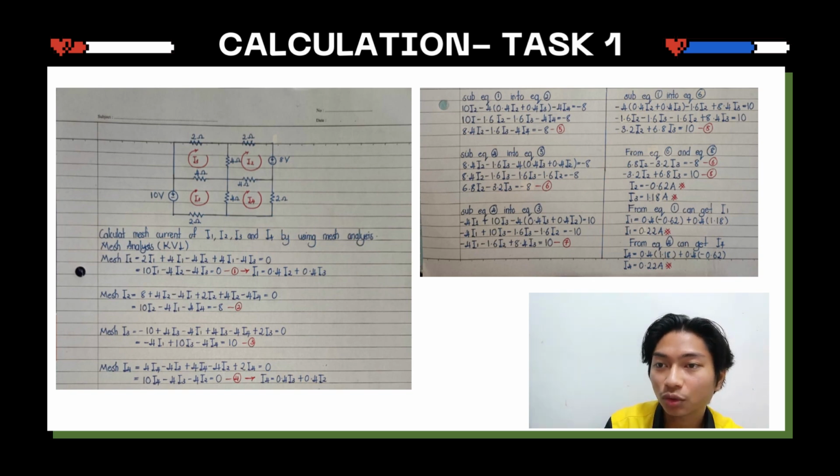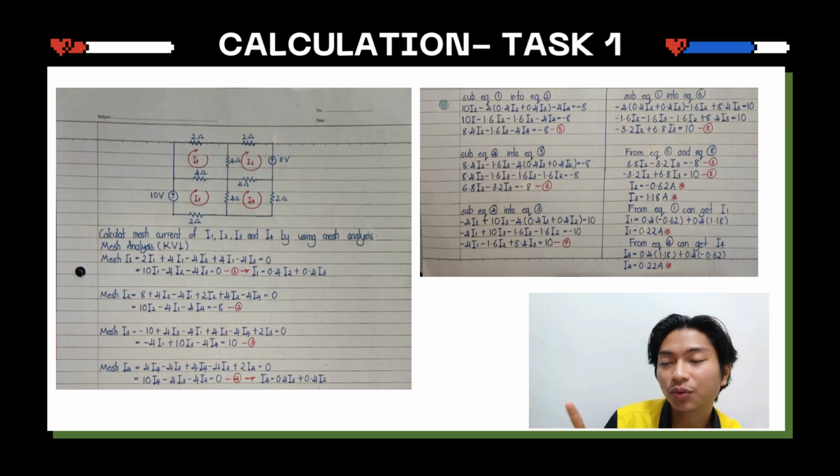For mesh at I2, at the I2 we can see that there is an 8 volt voltage source. So 8 plus 4I2 minus 4I1 plus 2I2 plus 4I2 minus 4I4 equal to 0.